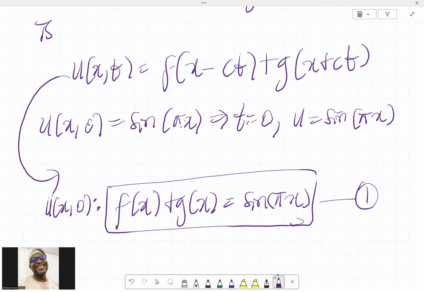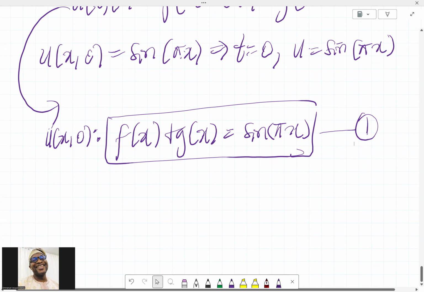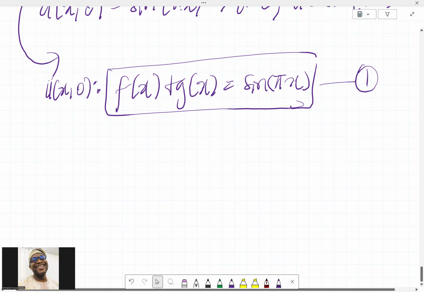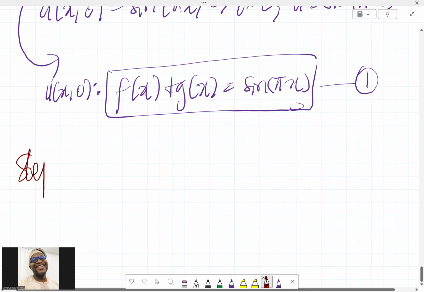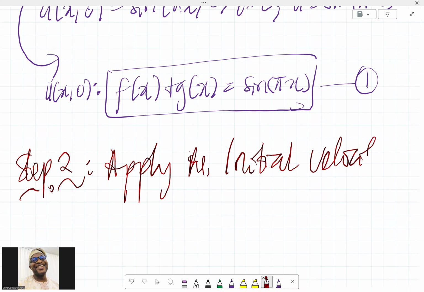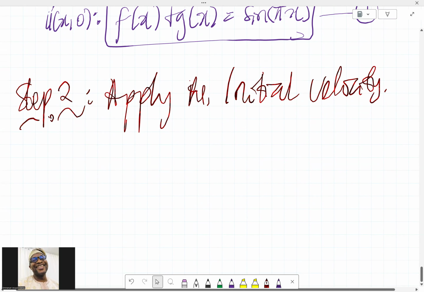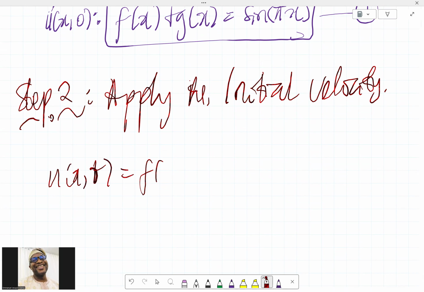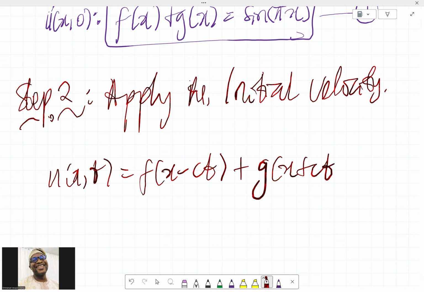Then in step 2, we now apply the initial velocity. Again, u of x comma t is f of x minus ct plus g of x plus ct.